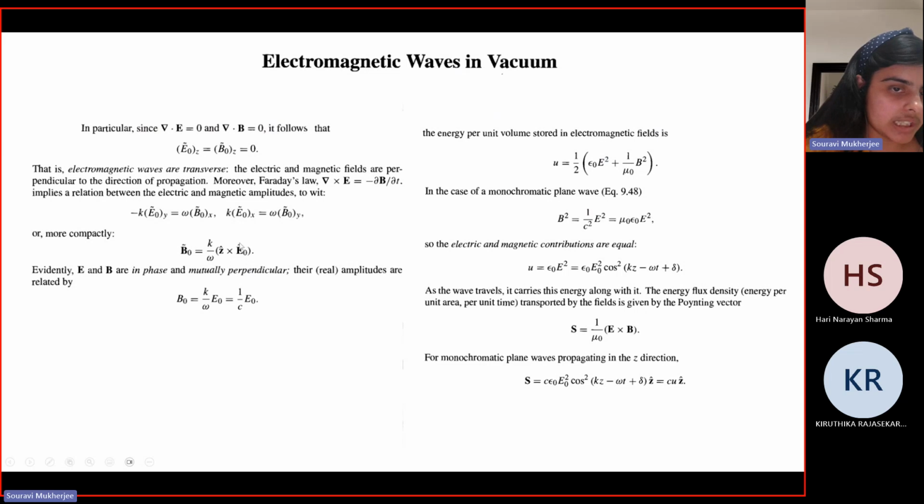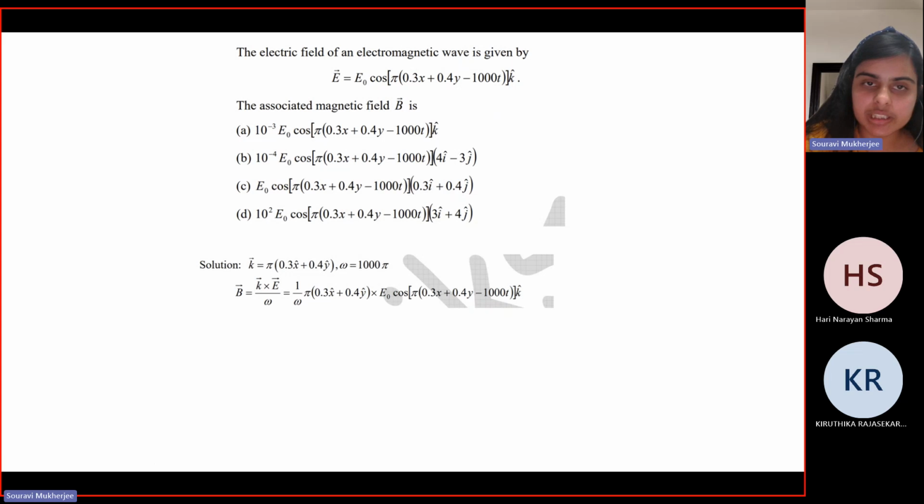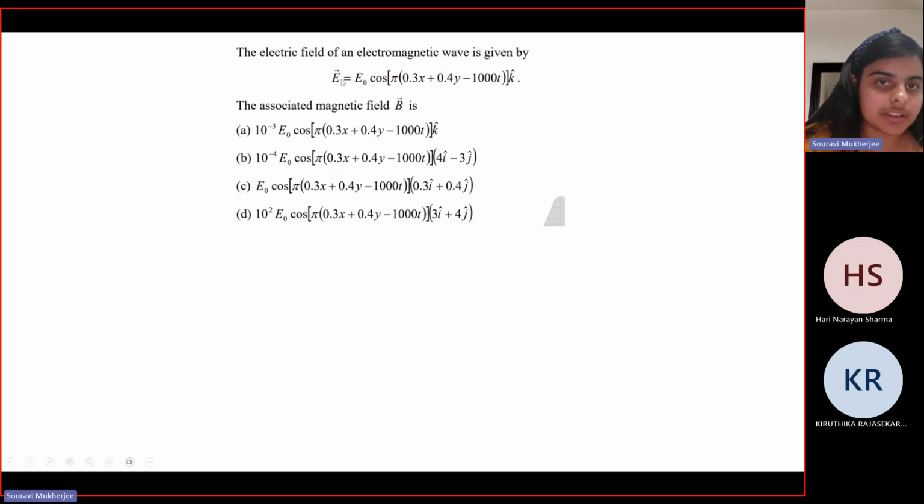Now in our question, the electric field is given, and we need to find B. For this, we also need to find K, the wave vector, and omega. This information is already hidden in E. Your electric field has the form E naught cos of some x, y terms minus some time dependent terms. If you compare it with E naught cos(k dot r minus omega t), 1000 pi will be equal to omega.